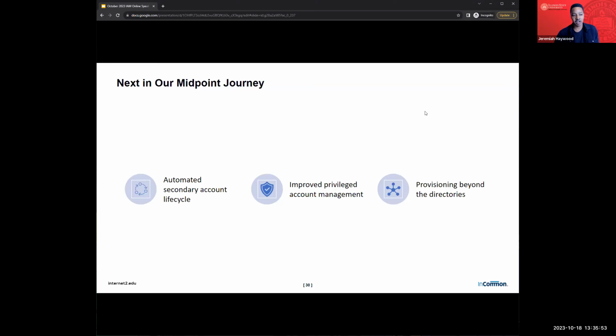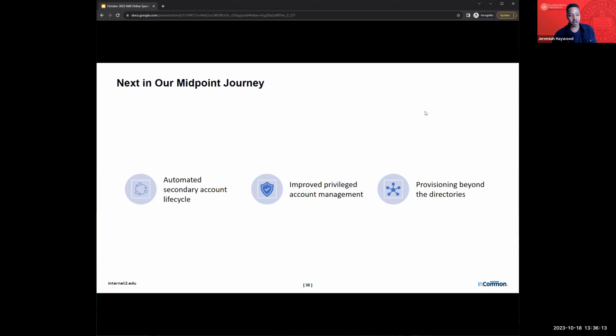So next in our Midpoint journey is the automation of our secondary account lifecycle. Previously, secondary accounts were completely separated from their primary account, and that involved a lot of manual offboardings and onboardings.